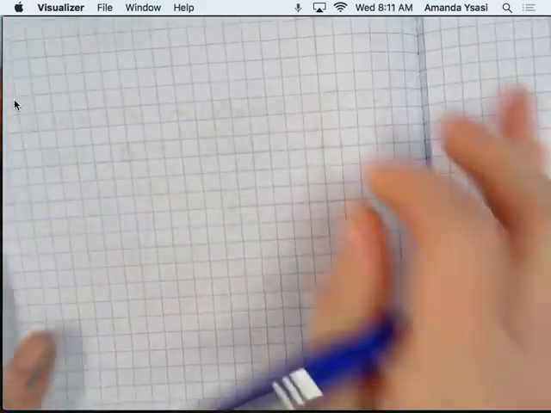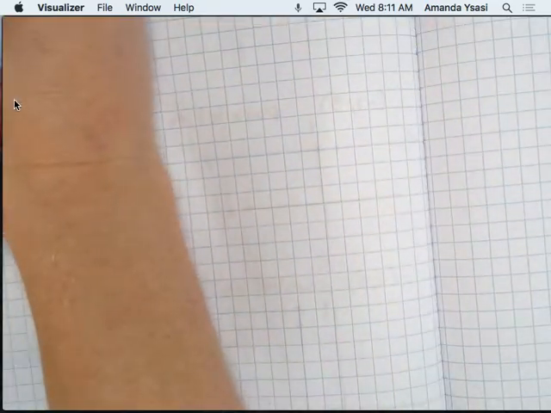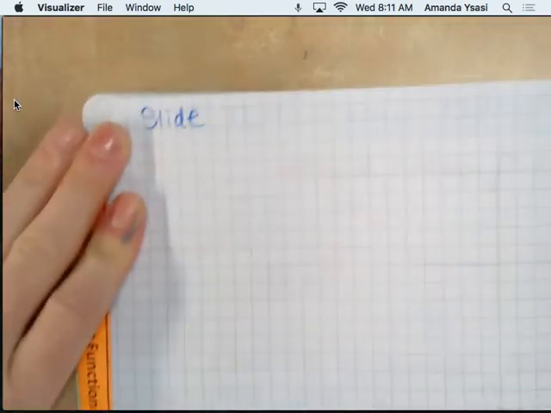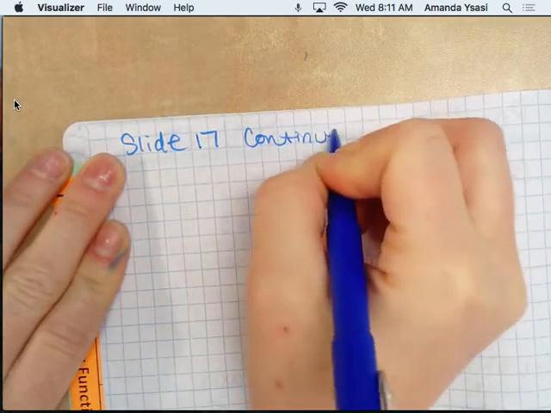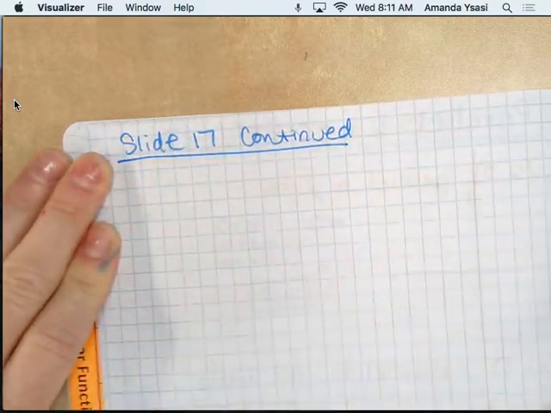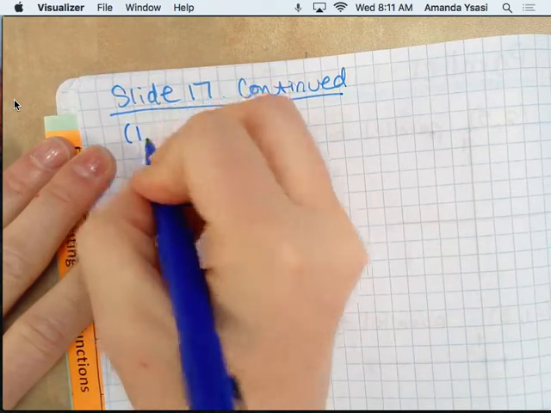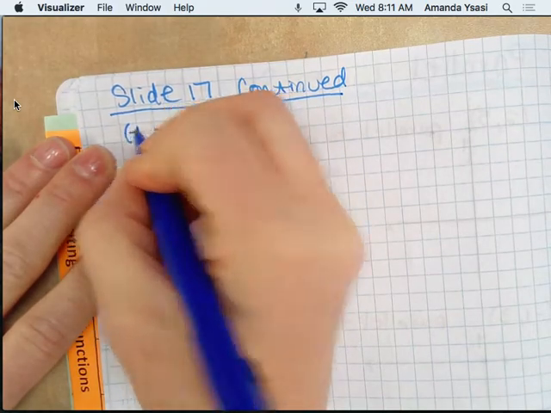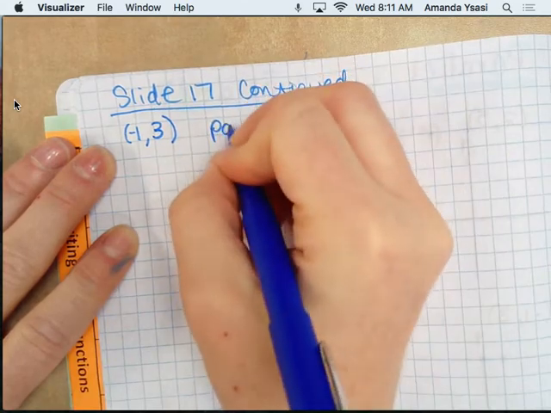Okay. Last problem on slide 17 continued, because you know I write really big. This one says it goes through the point negative 1, 3 and is parallel to the y-axis.